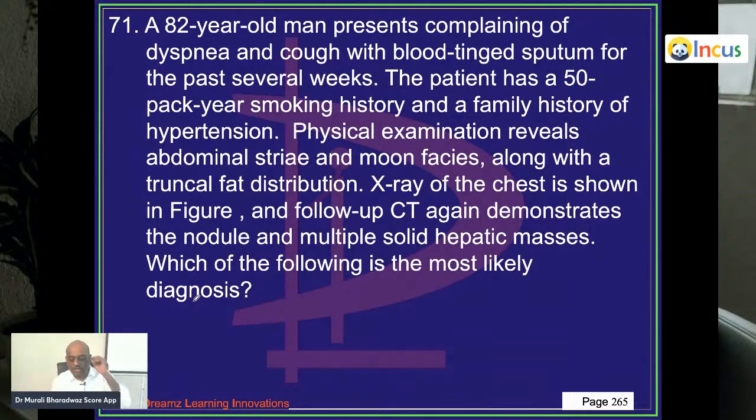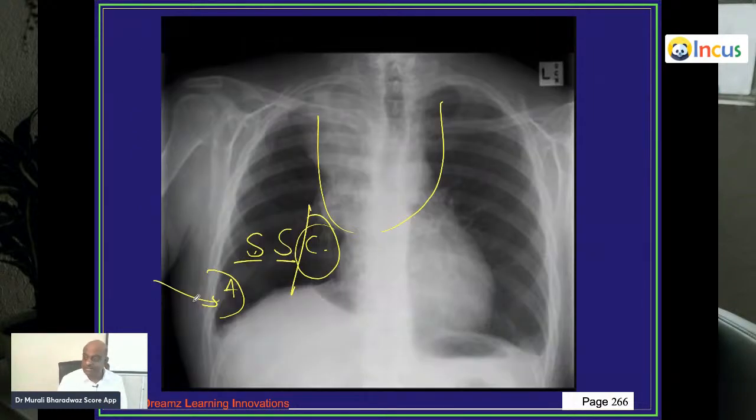And you have done the CT. CT is already showing multiple metastases in the liver. Always remember, by the time you diagnose small cell carcinoma, it runs very fast. So it metastasizes to various organs. It will go to the adrenal, it will go to the liver, it will go everywhere.